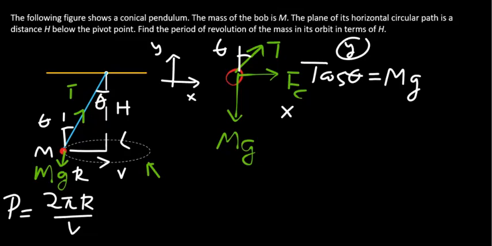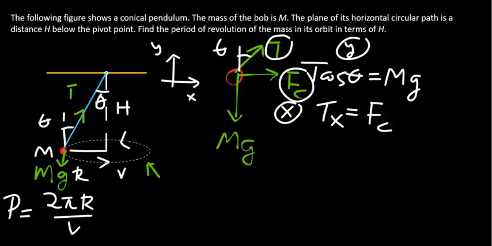Now let's look along the horizontal direction, the x direction. There is the centripetal force, and something must provide that centripetal force, and that must only be the x component of that tension. So we write the x component of the tension equals the centripetal force, Fc. The x component of that tension is quite simply T sine theta.